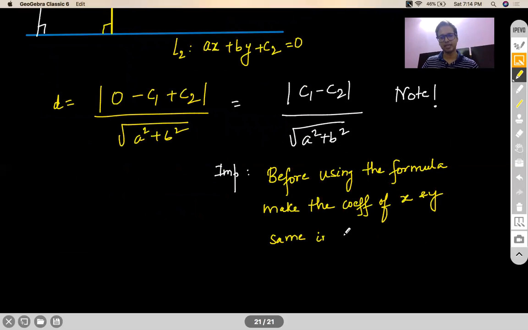Many times they will try to trick you by giving you proportional coefficients, right? So that time be very careful.